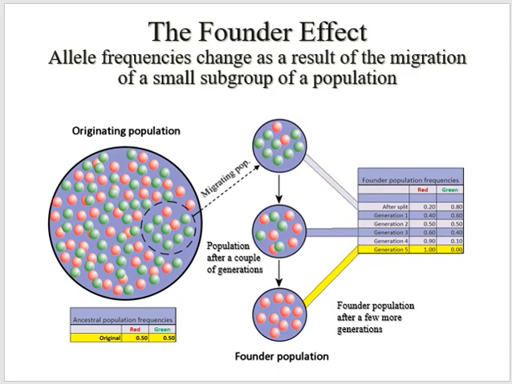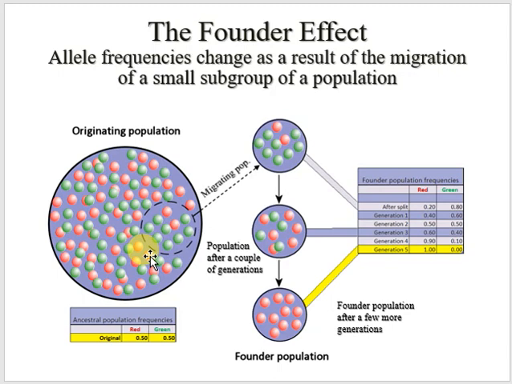So a small percentage of that original population moves out of the original population to form a new population, right? It's a new colonization event. So this small portion of that larger population migrates to a new area and creates a new population.